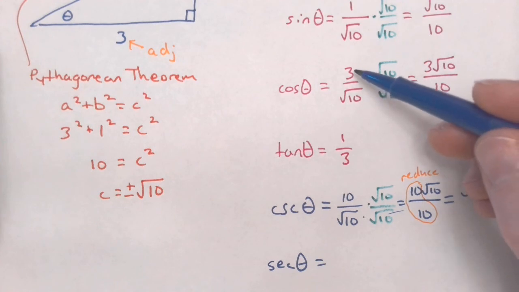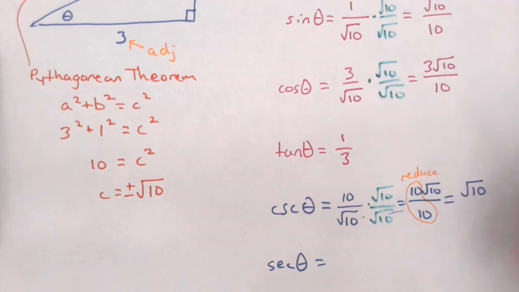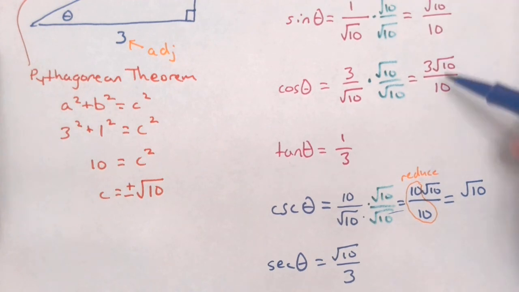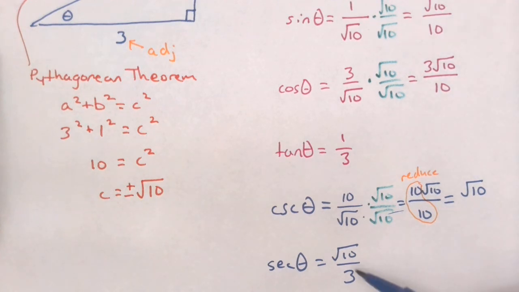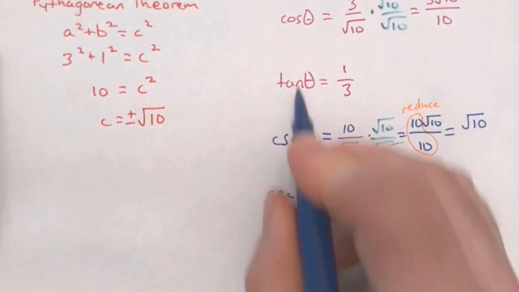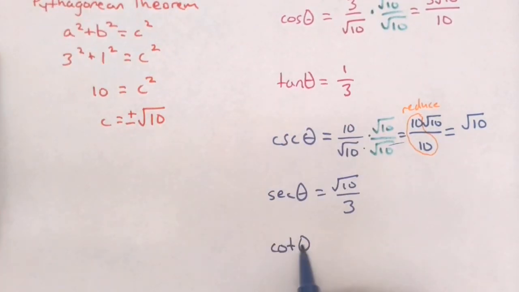And that's this 3 over the square root of 10. If I flip that over, I'm going to have the square root of 10 over 3. And that's our final answer. That doesn't need to be simplified at all. If I had taken 3 root 10 over 10, and I had flipped it over and rationalized and then simplified it, this is the answer I would have come up with.